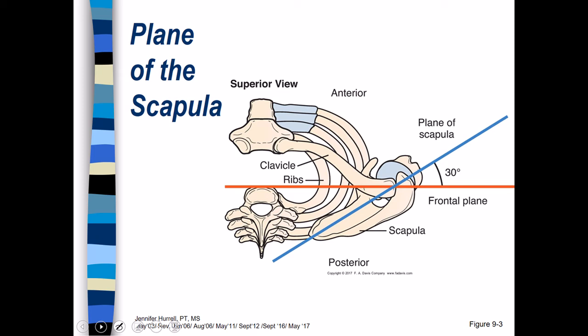That said, when we're doing therapeutic exercises with our patient, are we going to always force them to work in abduction, flexion? Wouldn't it be more important to train them to work where they're most functional, in the plane of the scapula? So a lot of the exercises we do with the upper extremity are going to be in the scapular plane, because that's the natural plane of the scapula, 30 degrees forward of the frontal plane.